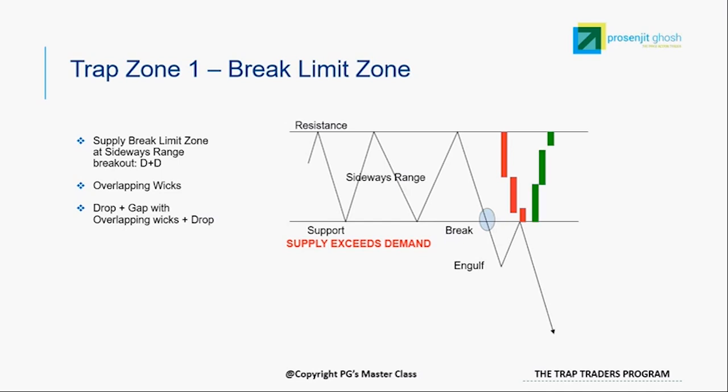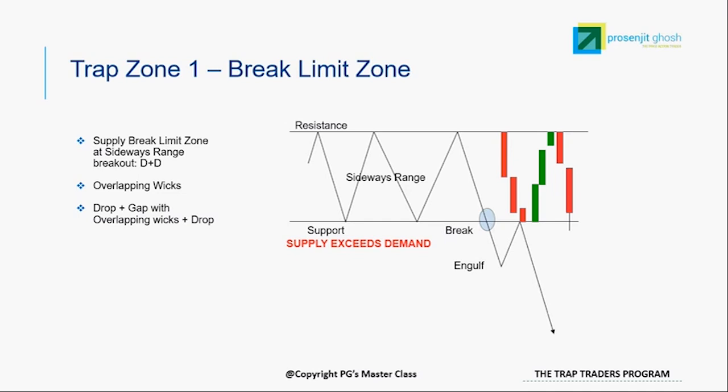Simply price is moving sideways, then price comes down, breaks the support but fails to go down farther and moves up and closes above the support, showing the entire world that the support is reacting and price may go up, right?